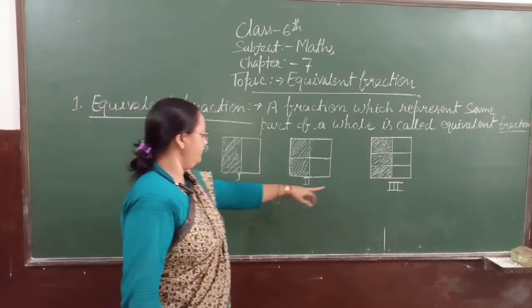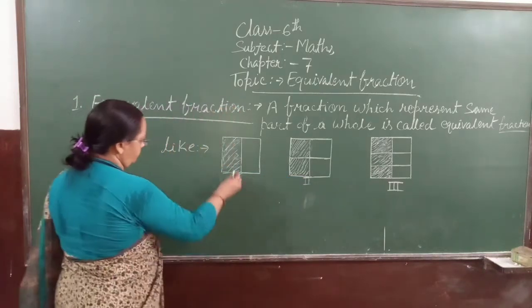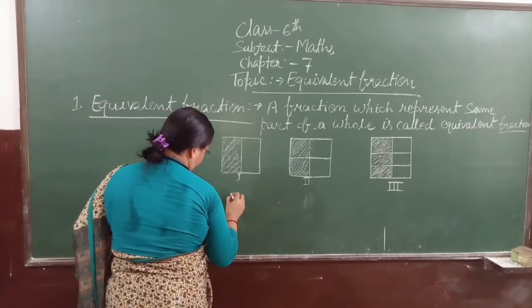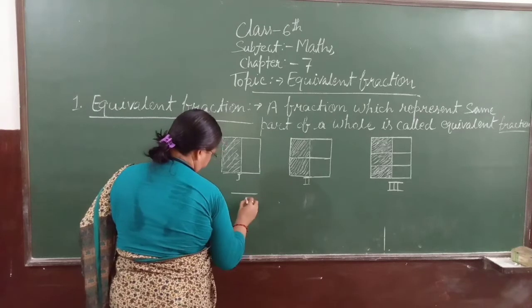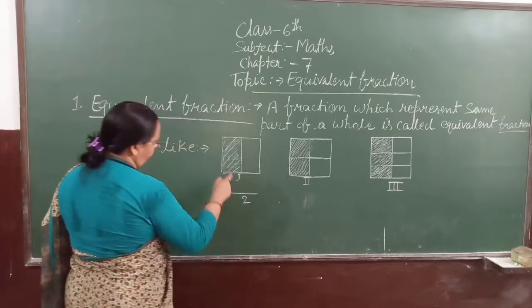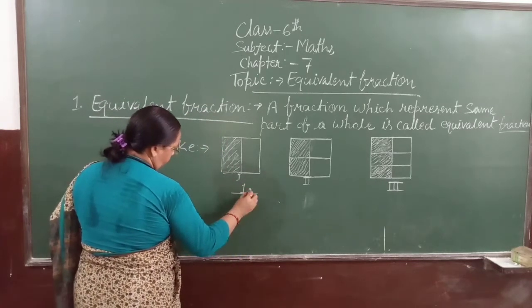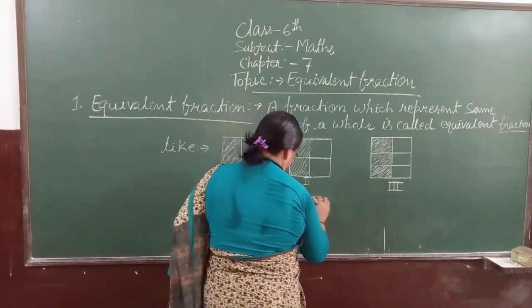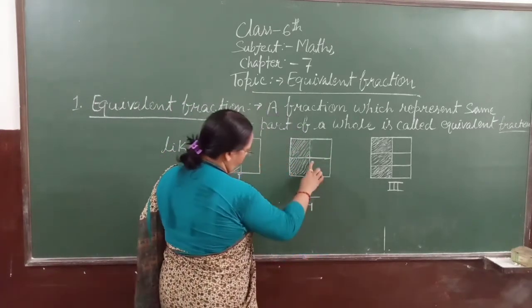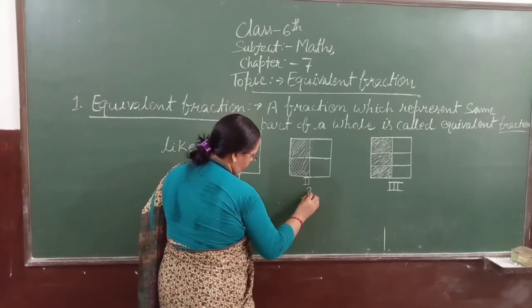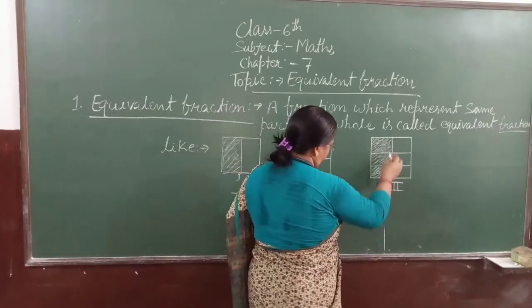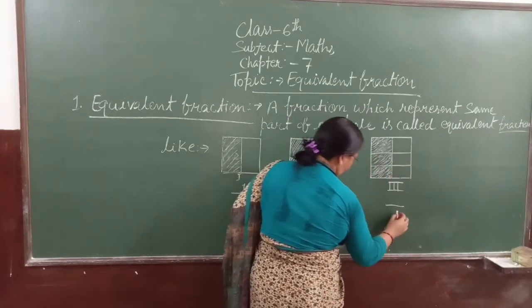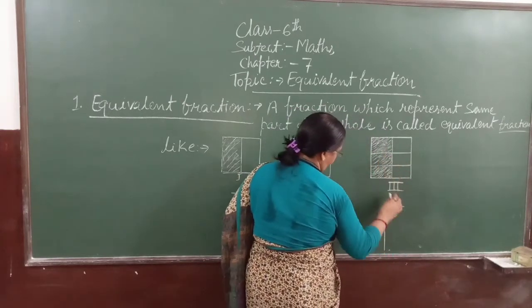look at this figure. What fraction is this? Whole part is 2 and colored part is 1. And its whole part is 4, shaded part is 2. 1, 2, 3, 4, 5, 6, whole part is 6 and shaded part is 3.